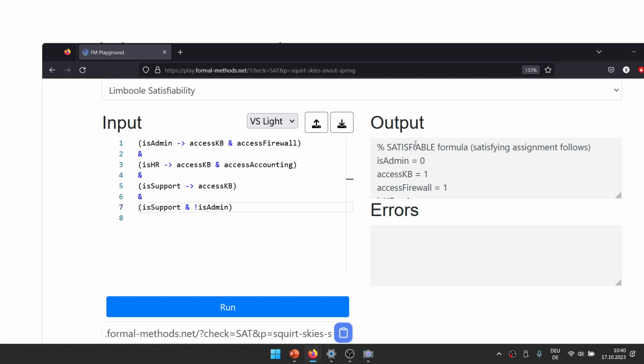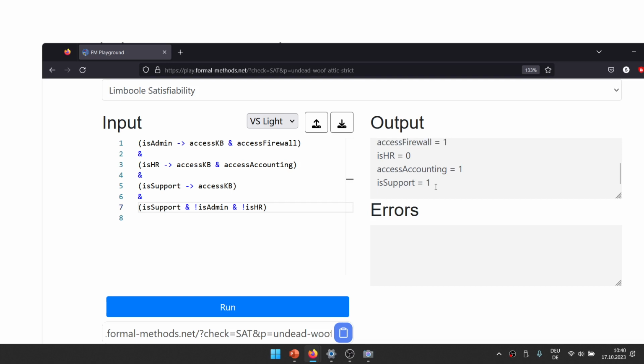Anything wrong with this person? In HR, okay. But yeah, so let's say not HR. Good. So now this person is not an admin, not in HR, only a support person, but has access to accounting and the firewall.